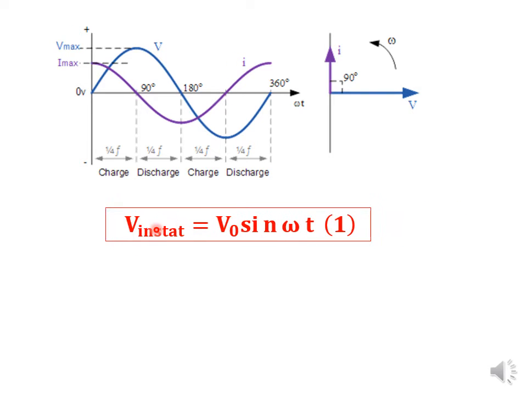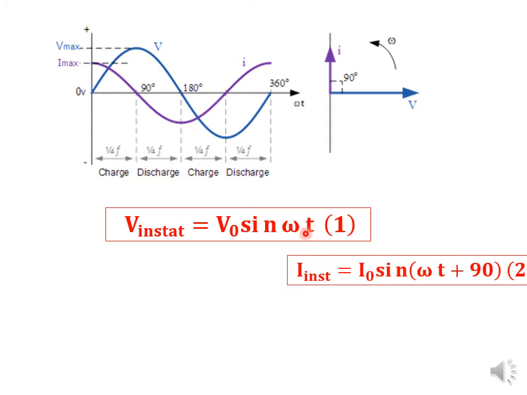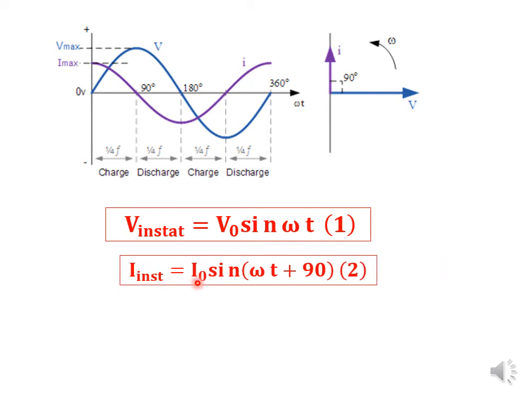V instantaneous between the plates of the capacitor equals V maximum sine omega t. I instantaneous between the plates of the capacitor equals I maximum sine omega t plus 90. So here there is a phase difference.